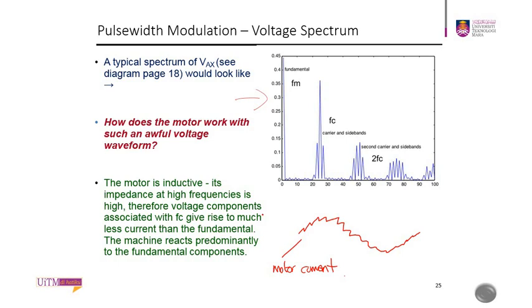So the machine reacts predominantly to the fundamental components. Although you have all these harmonics contaminating your voltage, due to its load being highly inductive, inductive loads only react to fundamental waveforms.